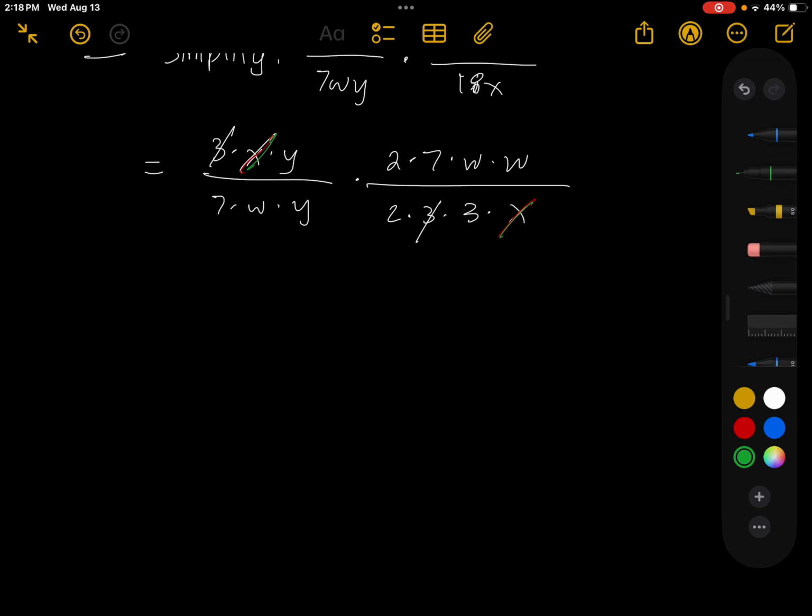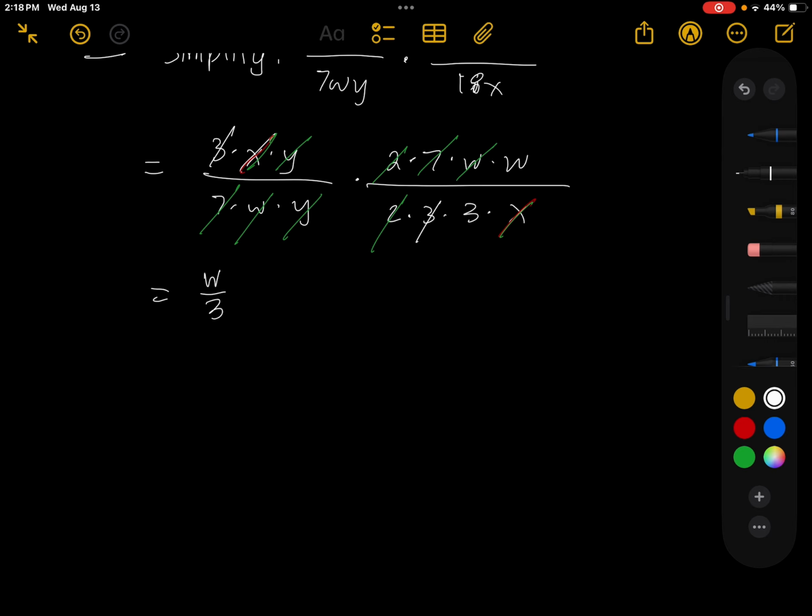Is there a y on the bottom? Yeah, I can cancel those. I have a 2 on the top. Do I have a 2 on the bottom? Yes, I can cancel those. A 7 on the top and a 7 on the bottom, I can cancel those. I have a w on the top. Is there a w on the bottom? Yes. And what I have left is a w on the top. Is there a w on the bottom left? No, there's just a 3. So the result I'm going to get is w over 3.